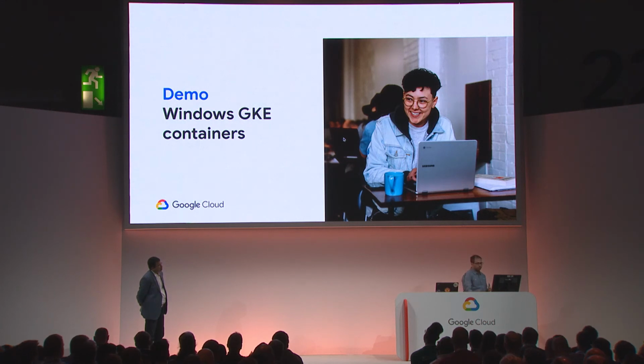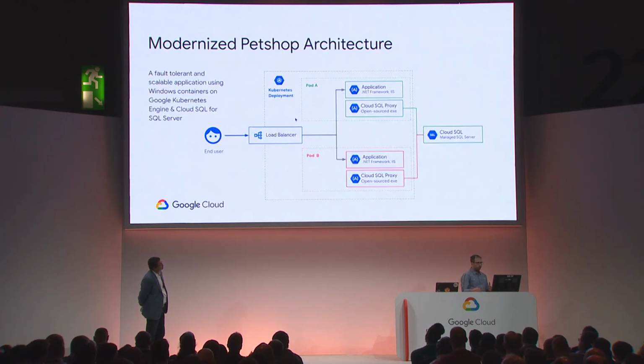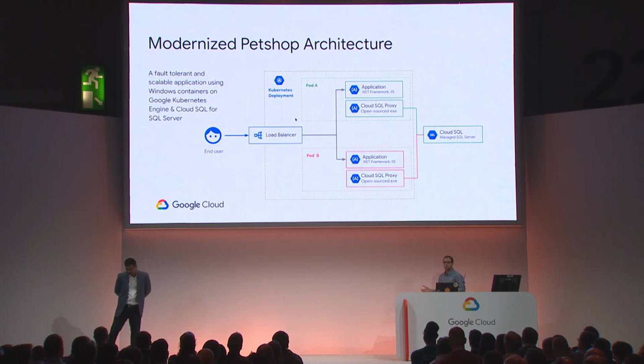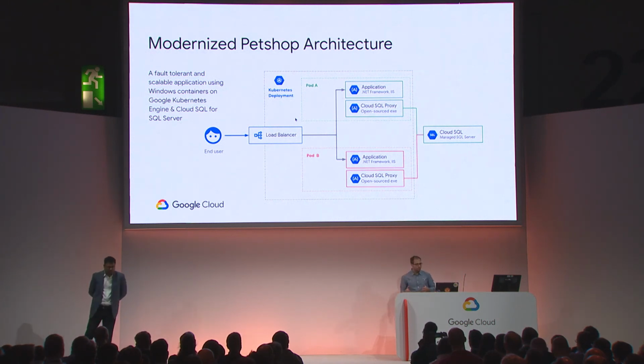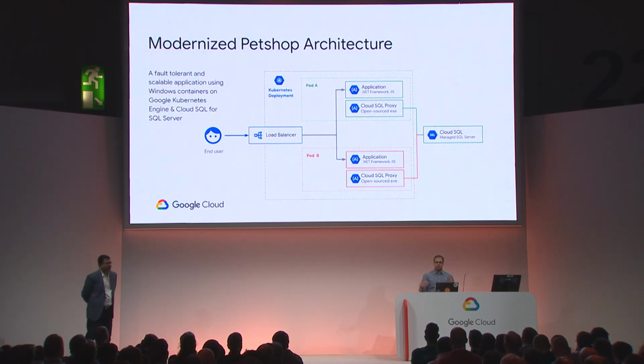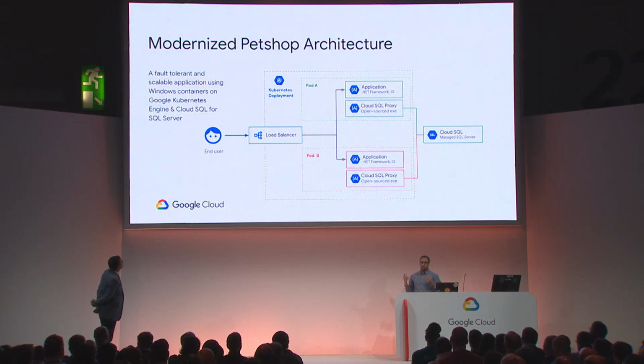So what we are going to do now is try to do the final stage of our modernization journey and take our application to Google Kubernetes Engine. In order to do that, we need to deal with two things that were part of the existing application. One is take the SQL Server that was running on premises and make sure that we now work against the managed SQL Server.